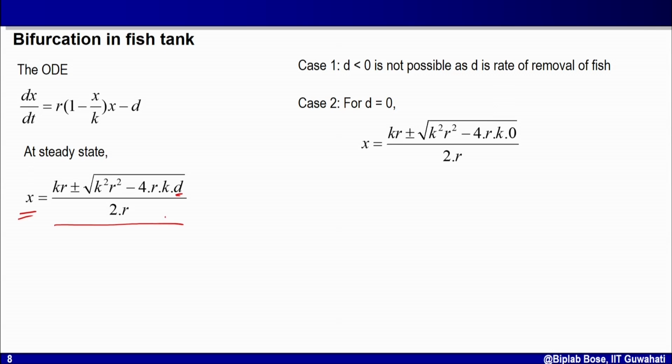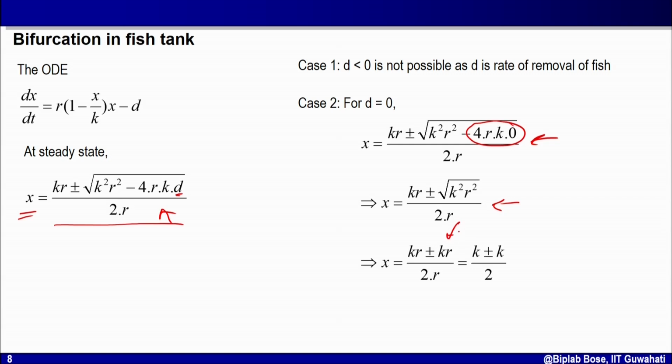So in that case I can put d equal to 0 in this equation, and I get x = (kr ± √(k²r² - 4rk·0)) / 2r. I can simplify it, so this whole term becomes 0. I get (kr ± √(k²r²)) / 2r. The square root of k²r² is nothing but kr.